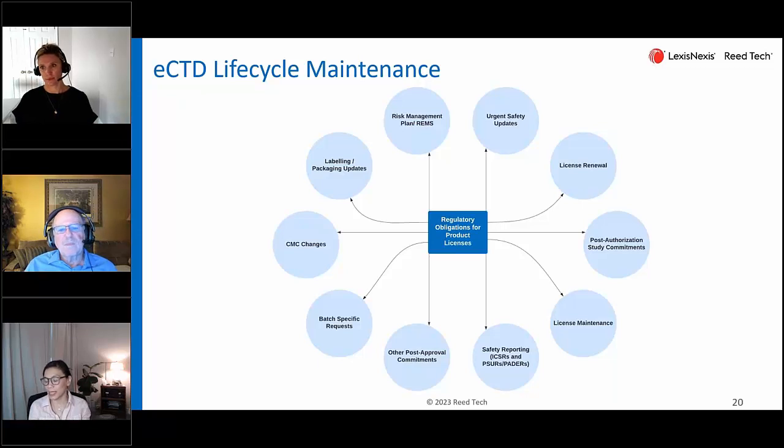Like I said earlier, once the drug application is submitted to the health authority, once it's in eCTD, it's always in eCTD. The common technical document is the single source of truth of how you communicate with the health authority about every single thing that's happening with your drug application.